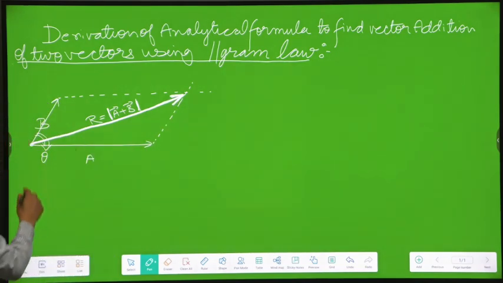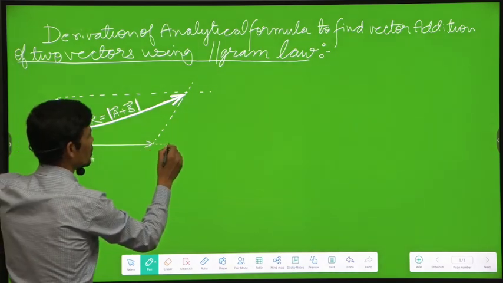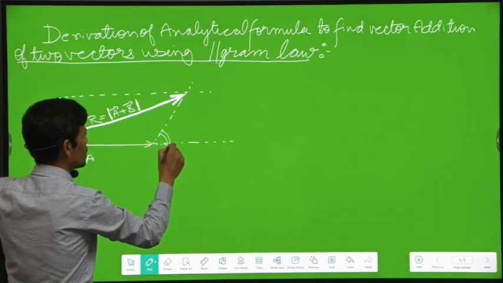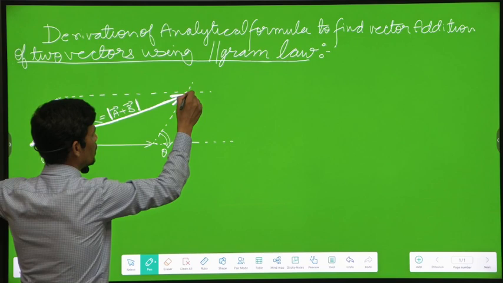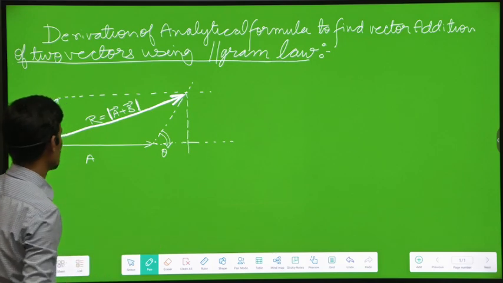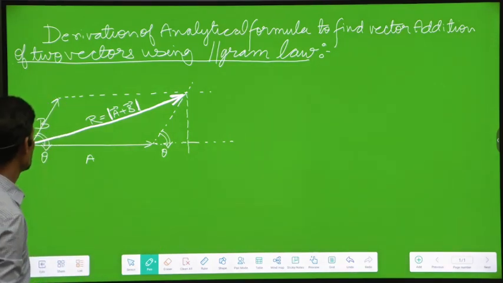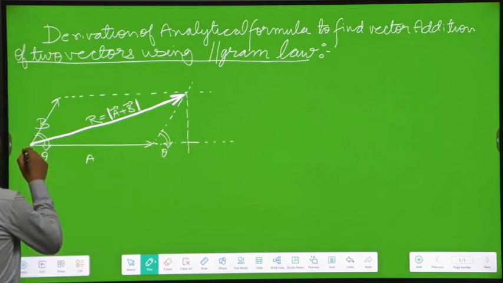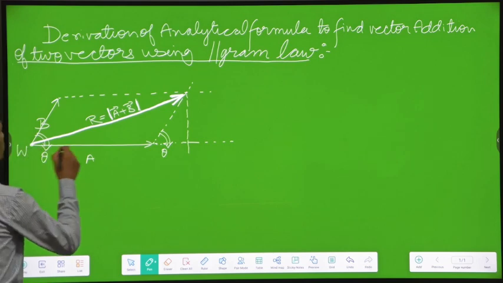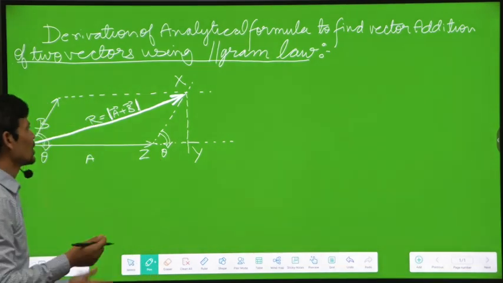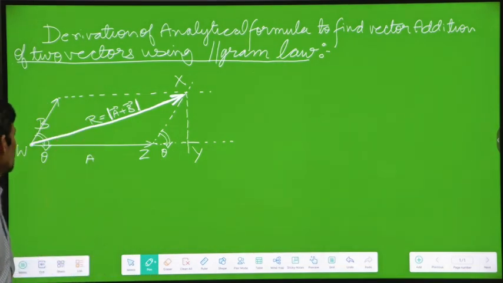All right, so the angle between them is theta. If I produce this side further, then this angle will also be theta. And if I draw a perpendicular over it, I can name all the vertices here. I'm using W, X, Y, and Z, because I can't take PQR, there it is R, and I can't take ABC because A and B are already there.